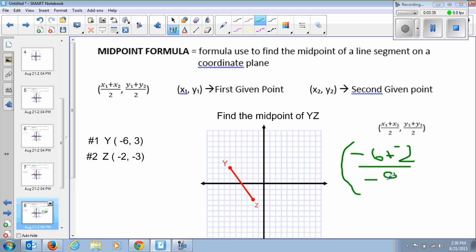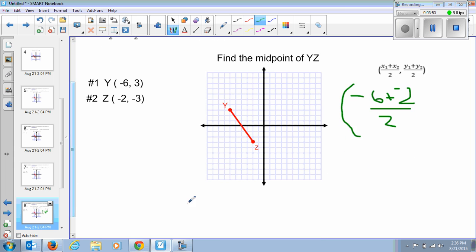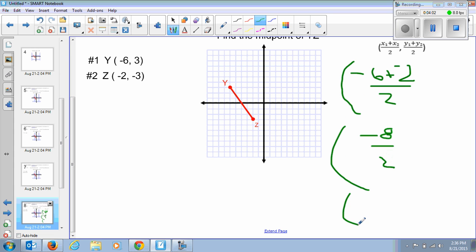Excuse me, hold on, I messed that up, sorry. Let me erase that. We all make mistakes, right? We've got to show work in mathematics, so I'm going to show my work. -6 plus -2 is -8, and -8 divided by 2 gives me an answer of -4. So the x coordinate of the midpoint is -4. That's my first answer. I still have to find a second answer.